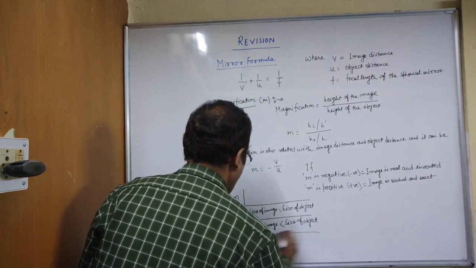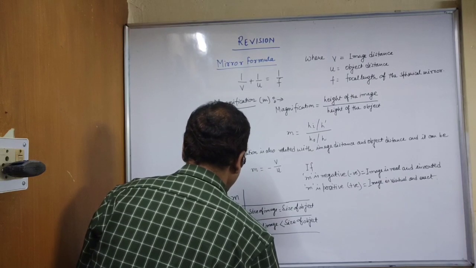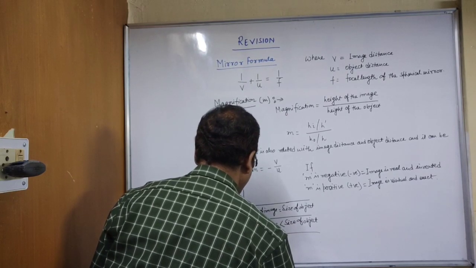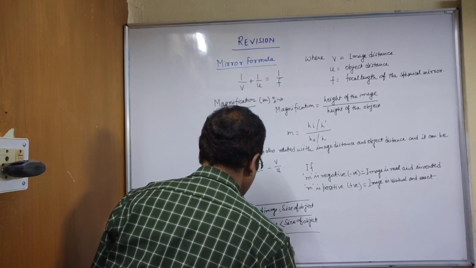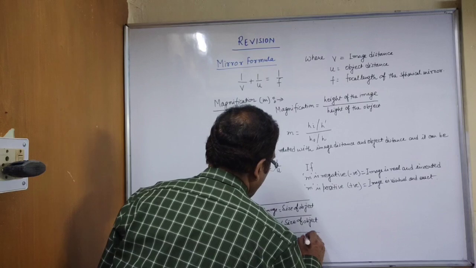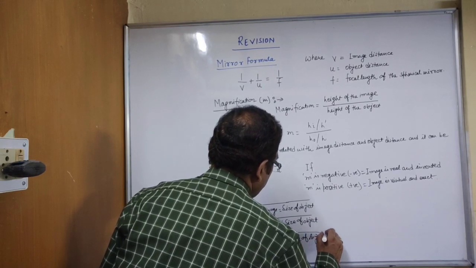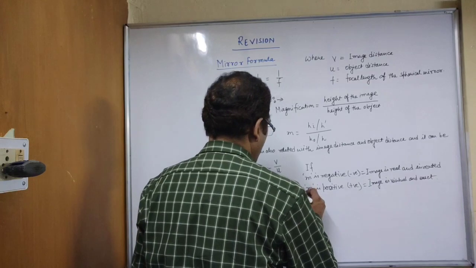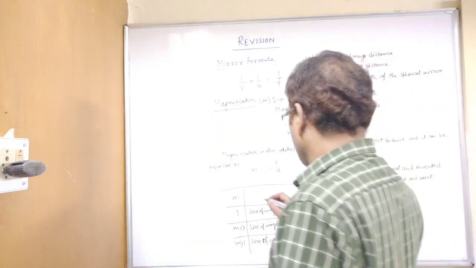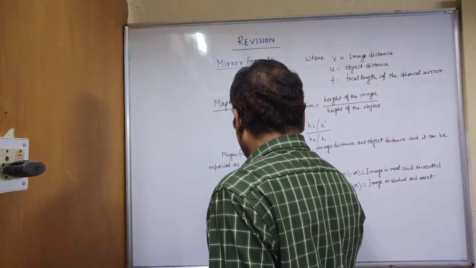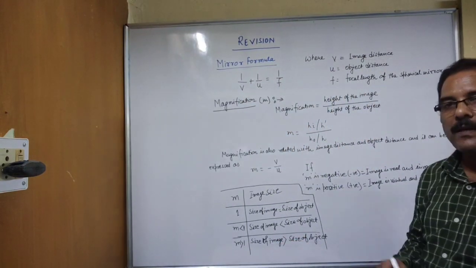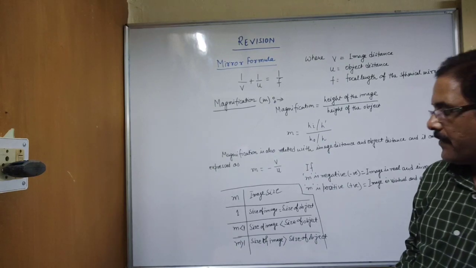Similarly, if magnification is greater than 1, its meaning is the size of the image is greater than the size of the object. So you must remember these points, that is, the significance of various values of m.